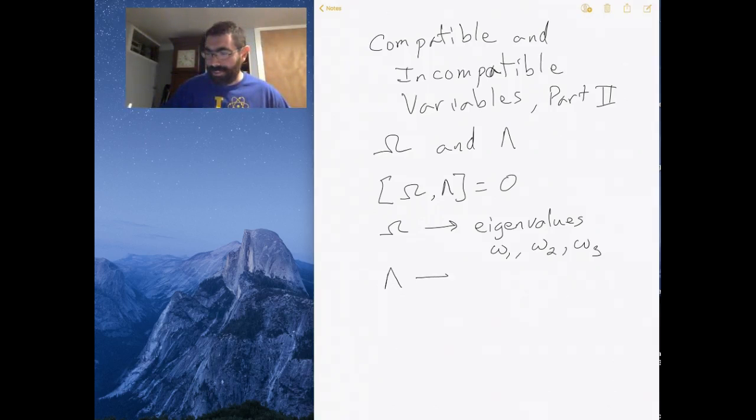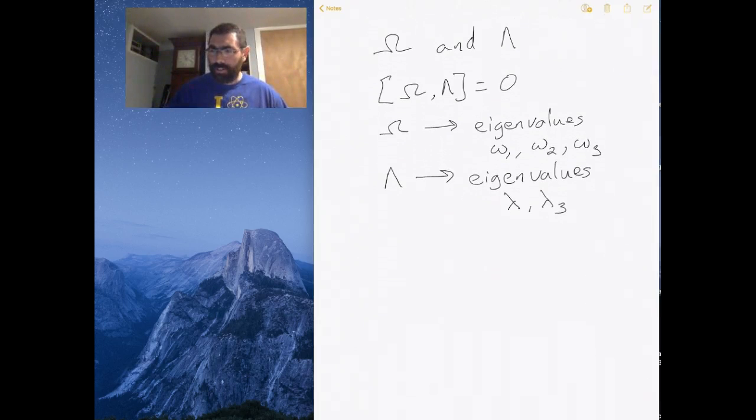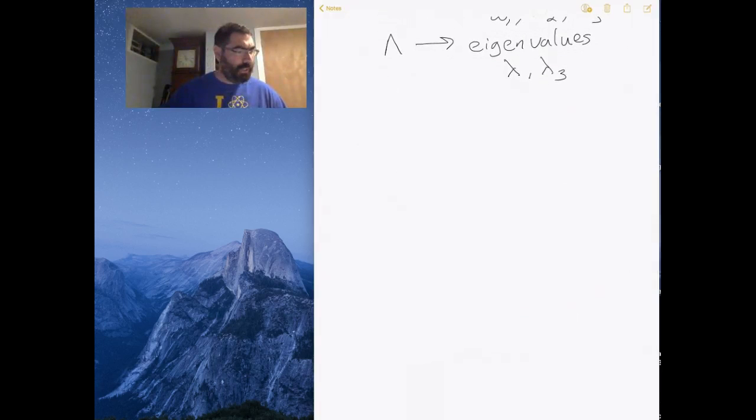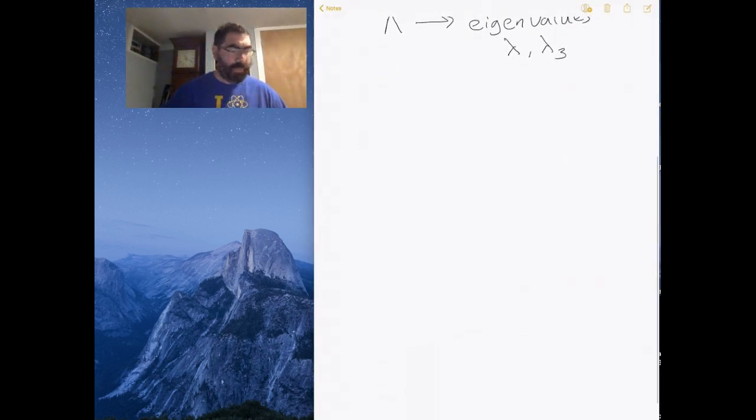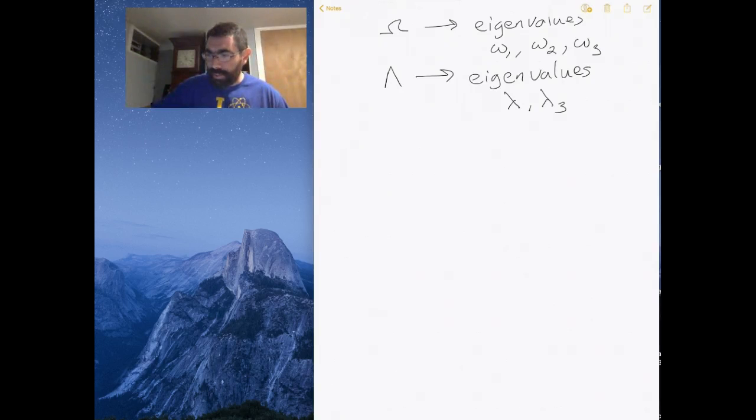The operator lambda has eigenvalues of lambda and lambda 3. So what we're setting up is there's going to be a degeneracy in the lambda. So in the end, what I'm basically saying is that for this lambda there are 3 eigenvalues, but lambda 1 is equal to lambda 2, which is just equal to that value of lambda.